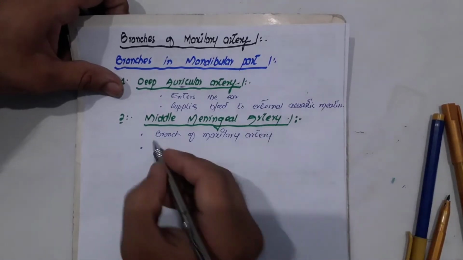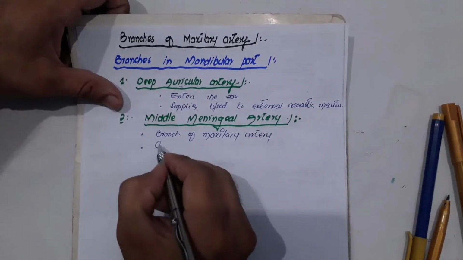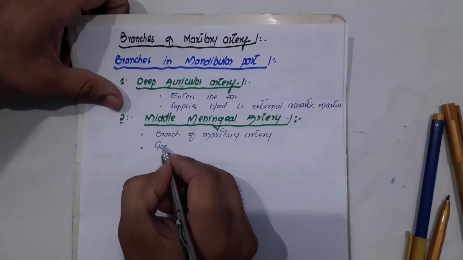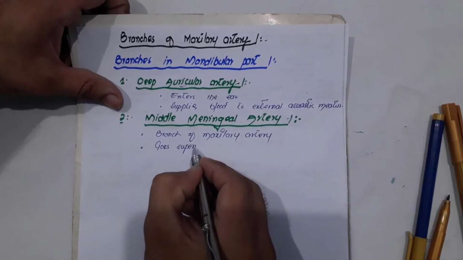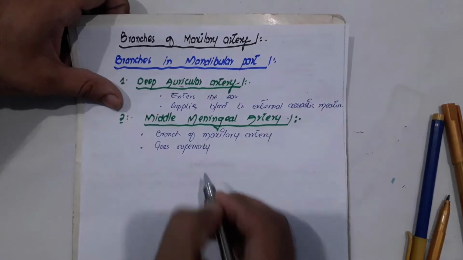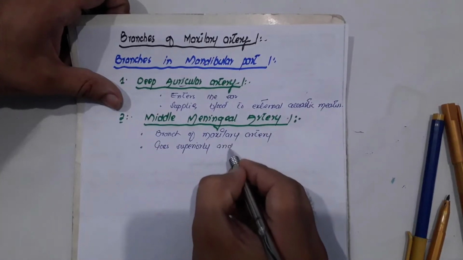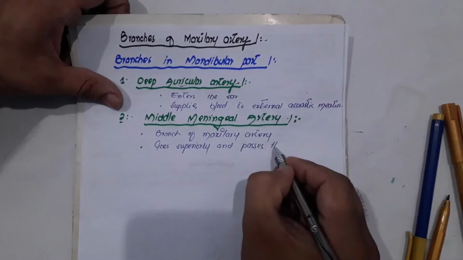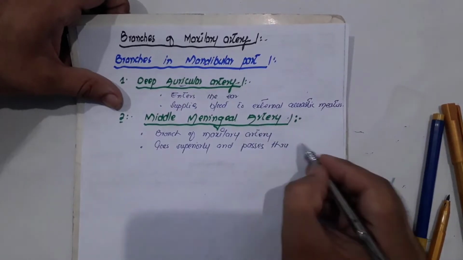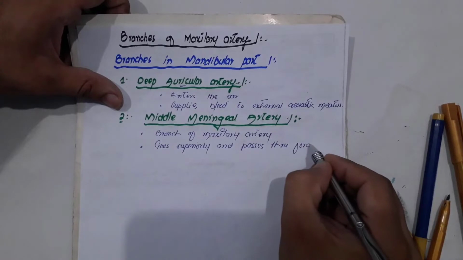I will show you in the diagram. It goes superiorly, right, and passes through the foramen spinosum.